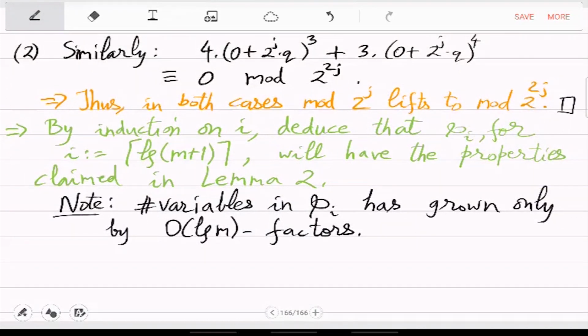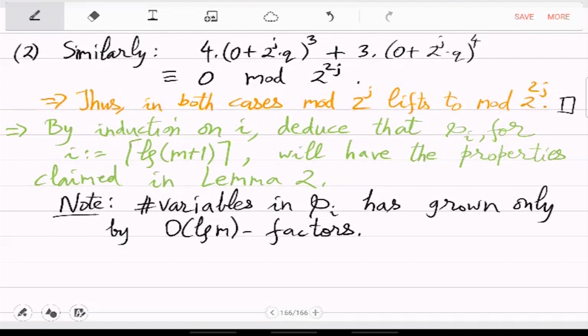See, when you multiply, you are actually doubling the variables. And when you add f plus g, then you are introducing one new variable. In every step, we are actually cubing or taking fourth power and then adding, taking a sum, right? So I should say it is something like doubling each time.